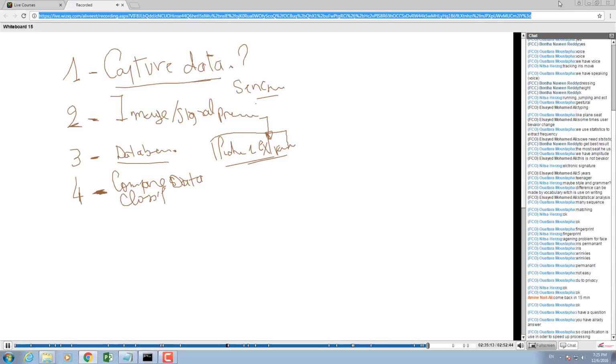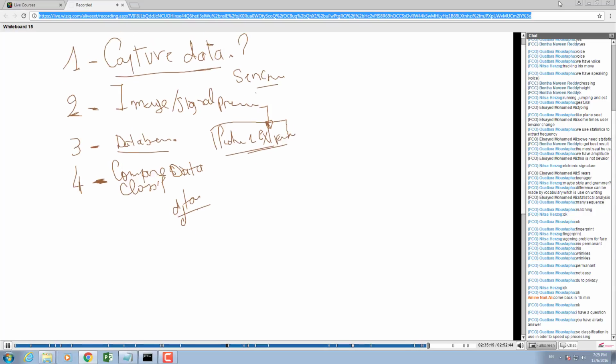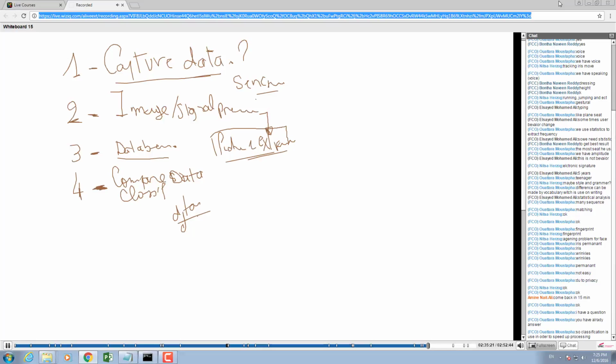And number 4, you have to know how to compare signals or how to compare data or how to classify data.